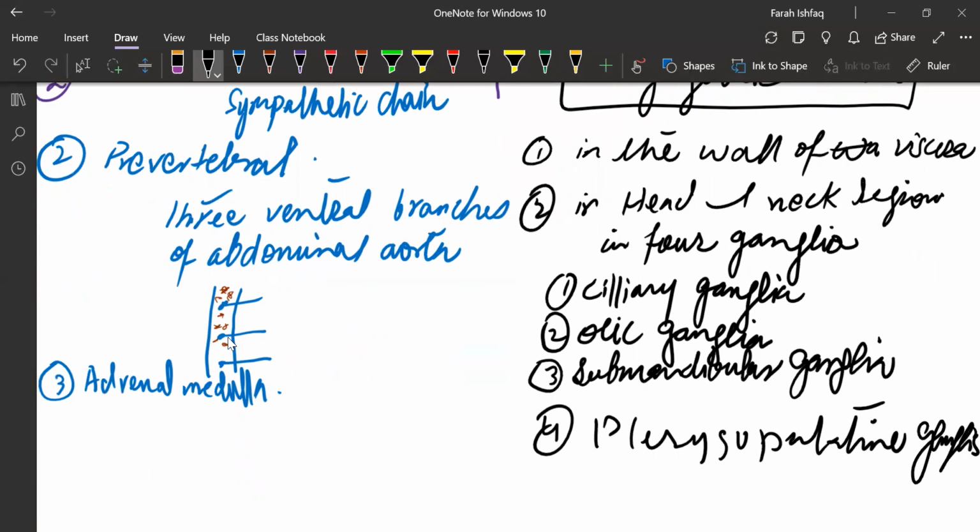So these are the four ganglia related to the parasympathetic system, and they are located in the head and neck region.